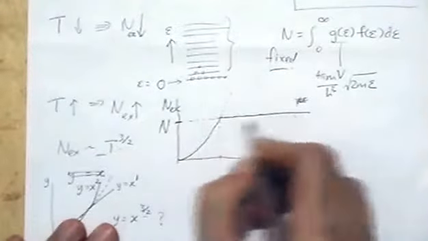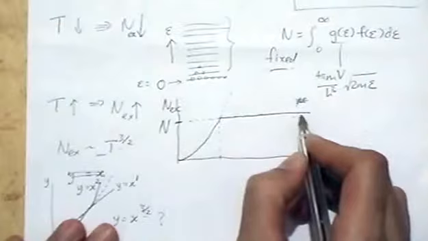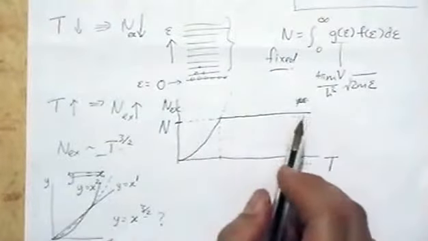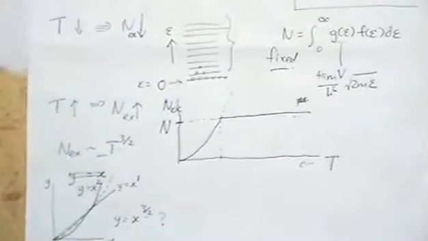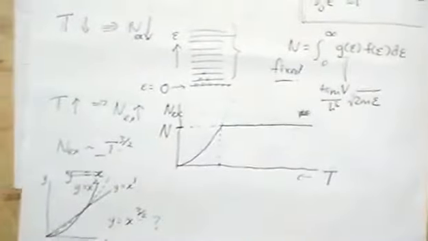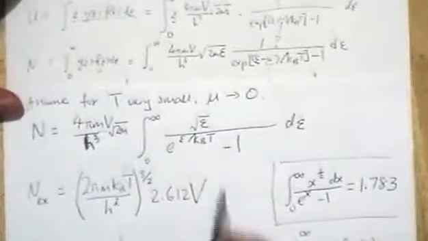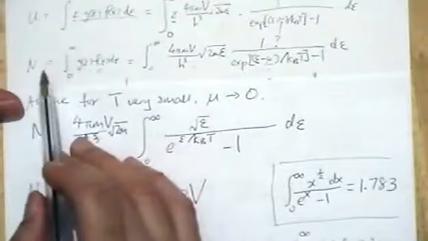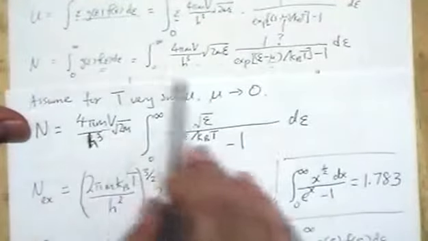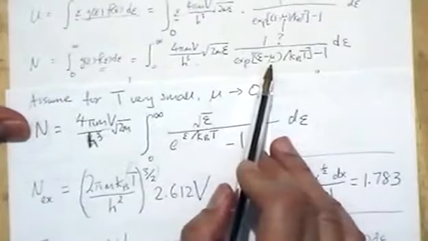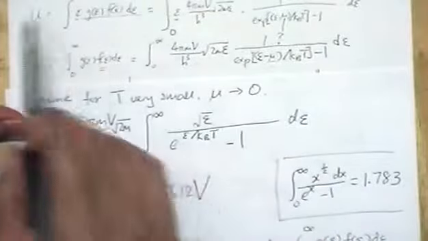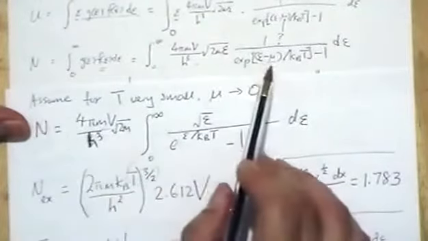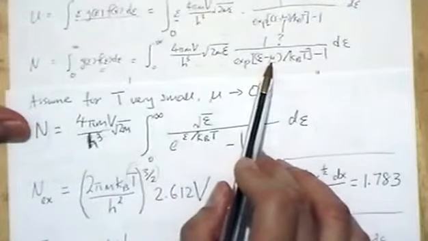Now, the N here, if you recall, was determined by another integral that was given by that. Right, we had the integral there for N, which contains the chemical potential. And we have understood from all the graph sketching that as temperature falls, mu has to increase towards 0.